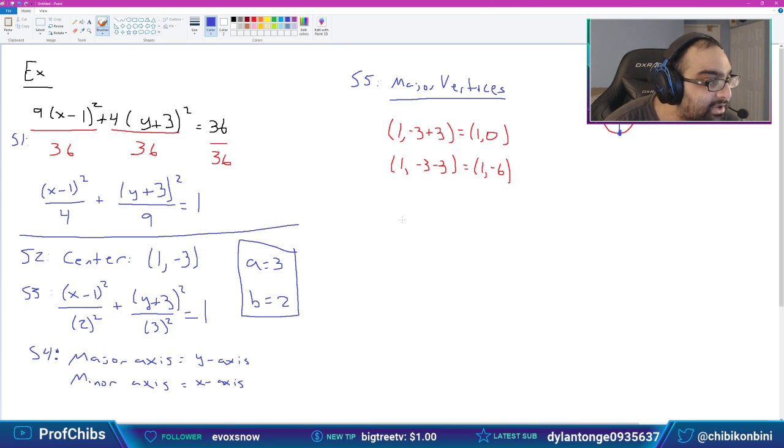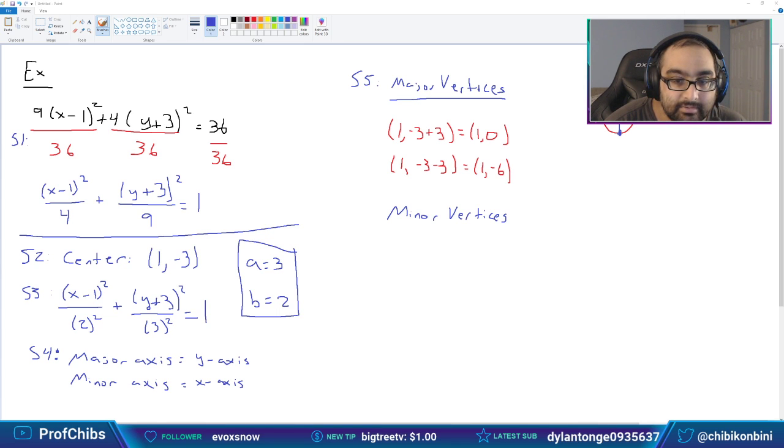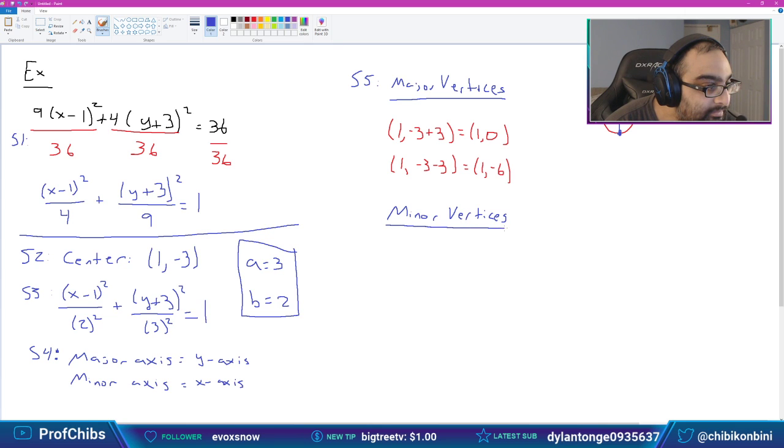All right, let's put down the minor vertices here then. For the minor vertices, our b is 2. Again, our minor axis here is the x-axis.